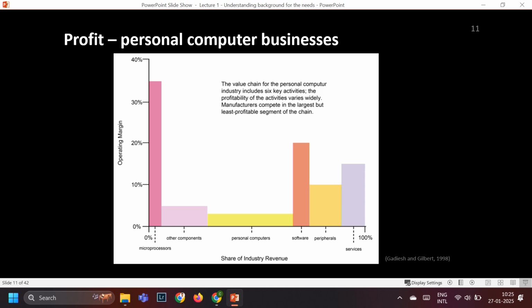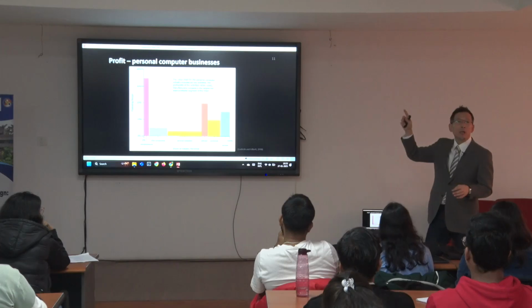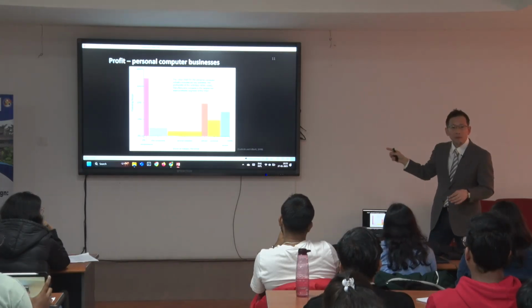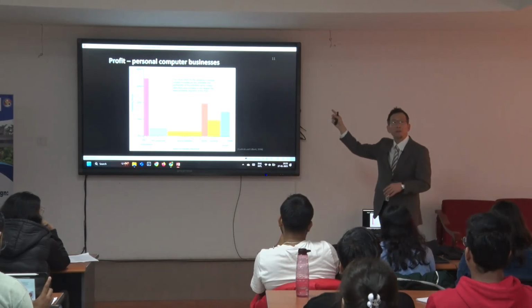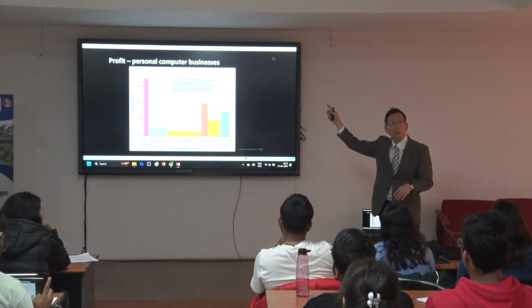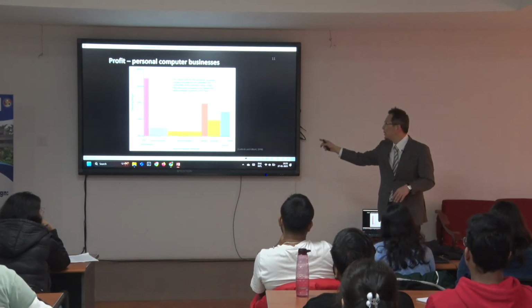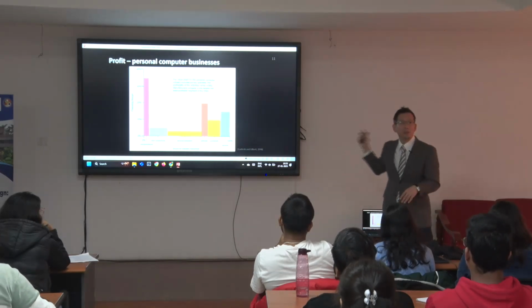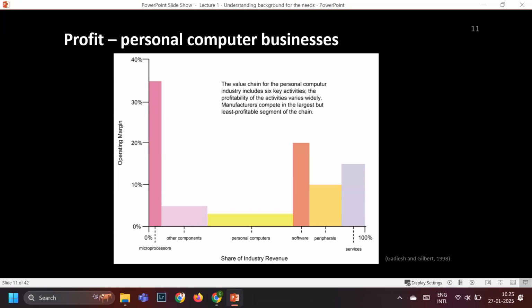And then this is where services comes into the business. So many people say that this follows a so-called smile curve because the profit ratio starts with high on the left-hand side and then goes down in the middle and goes up again on the right-hand side in the downstream of the businesses.